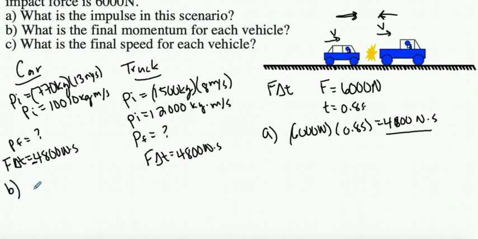So for B, I have an impulse of negative 4,800 for the car, and that's newton seconds. Initial momentum is, we need final momentum here. Final momentum minus initial, so that's 10,010 kilograms times meters per second. So we're just going to add 10,010 to both sides.